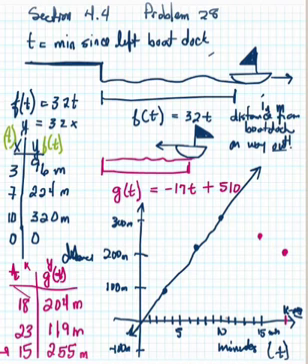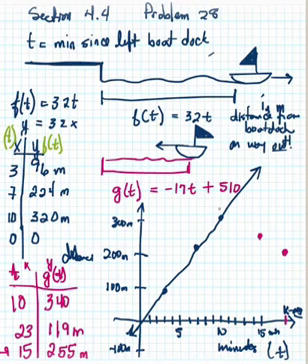Let me look at what's happening at 10. When t is 10, I'm going to get negative 17 times 10 plus 510. I get 340. So at 10 minutes, I get 340, so that's about right.